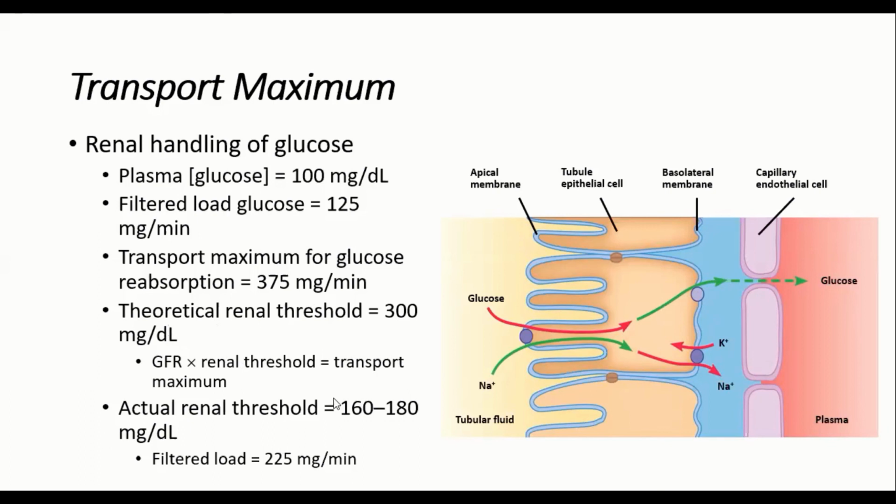So the actual renal threshold for glucose is 160 to 180 milligrams per deciliter. This means that our filtered load is going to be 225.